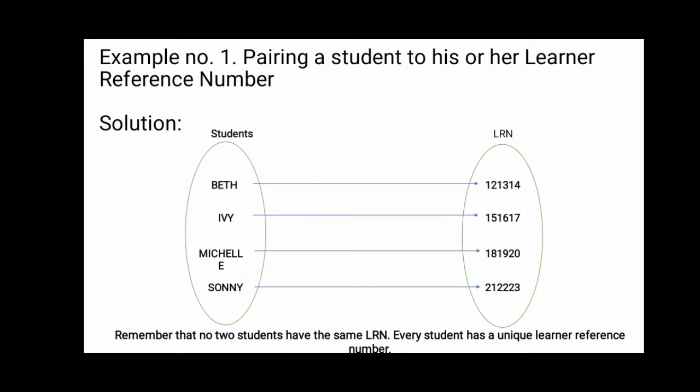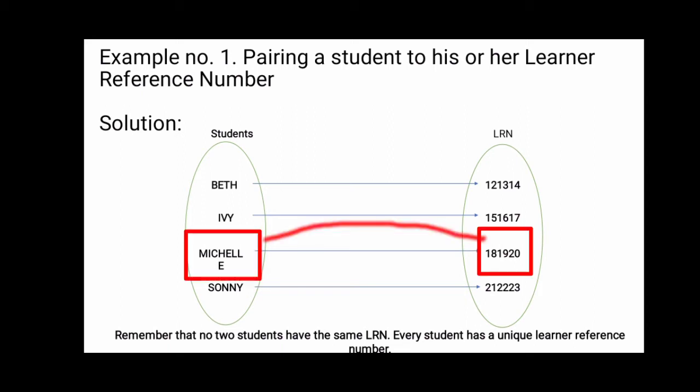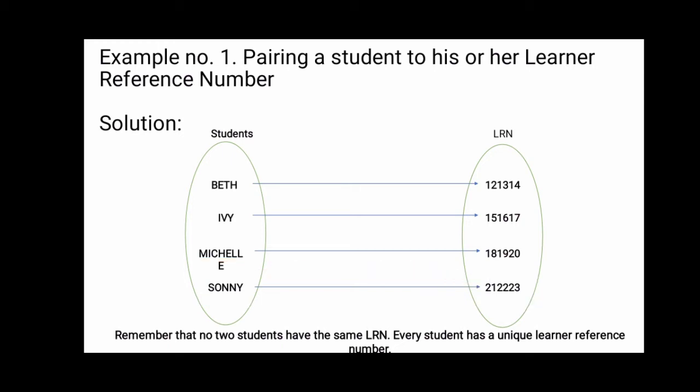For Michelle, another unique LRN. And for Sunny, another unique LRN. Thus, in pairing a student to his or her learner reference number, there is a one-to-one function. Why? Because always remember that no two students have the same LRN. Every student has a unique learner reference number, meaning in comparing students and the learner reference number, there is always a one-to-one function.